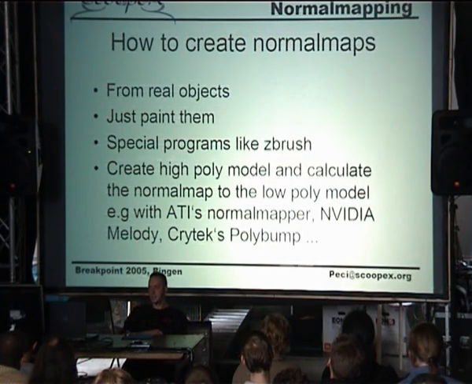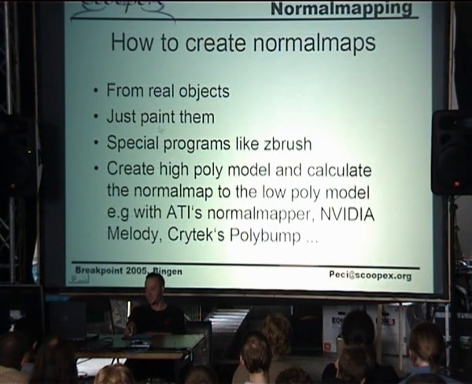Then he converted those pictures to grayscale and moved the one with the light from the left into the red channel, the one from above into the green channel, and the one from the top into the blue channel. I'm not sure if this is really practical, especially for big objects, houses or so. Another method is, there are people who say they just paint them. I'm not sure if this is really accurate.